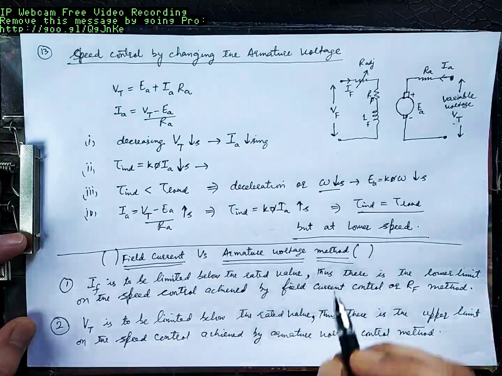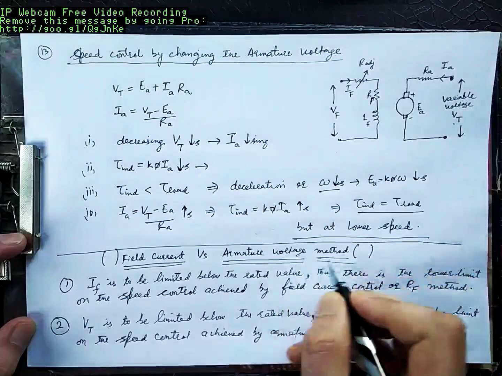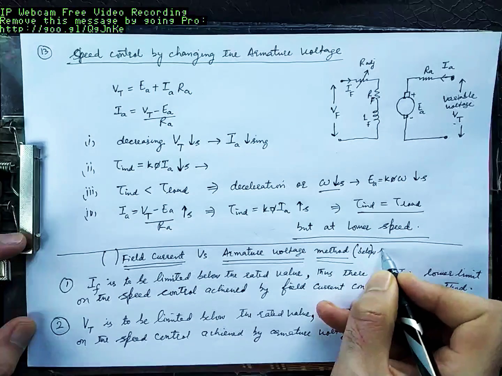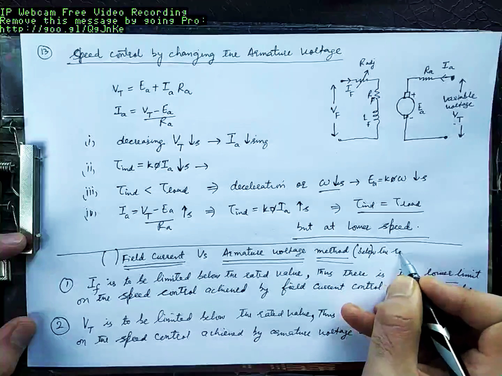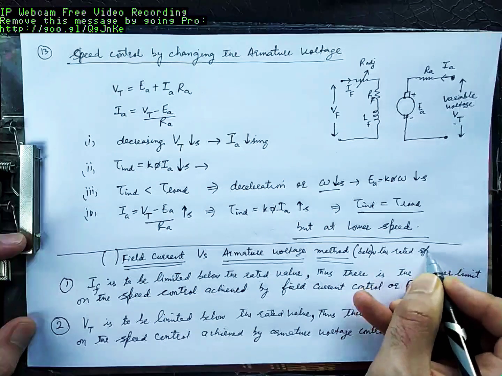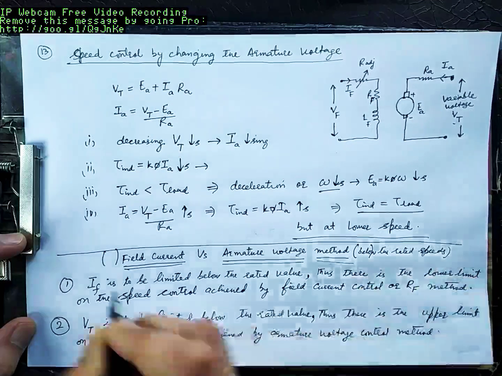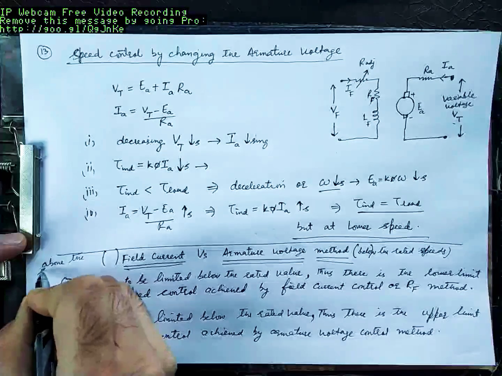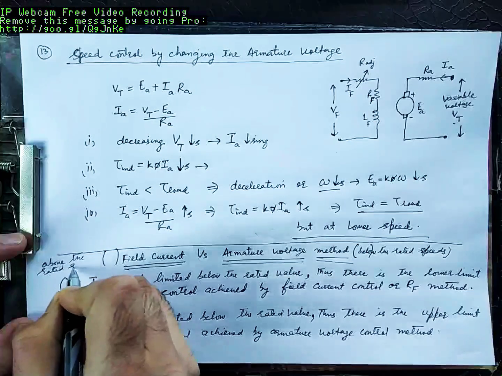So this is used below the rated speeds, and this is used for above the rated speeds.